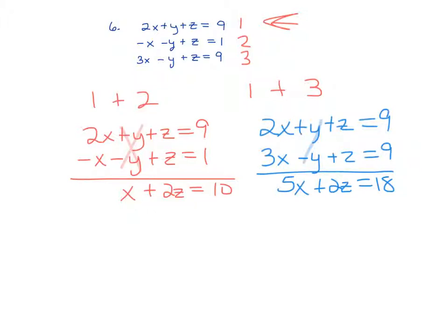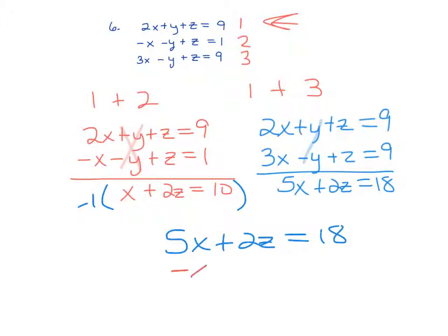Okay, so now I need to go back and eliminate either x or z here. So my z's have 2's in front. So I'm going to multiply one of my equations by -1 to get it to eliminate. So I'm going to multiply this red one by -1. Let me rewrite the blue one, and then write the answer to the red one underneath it.